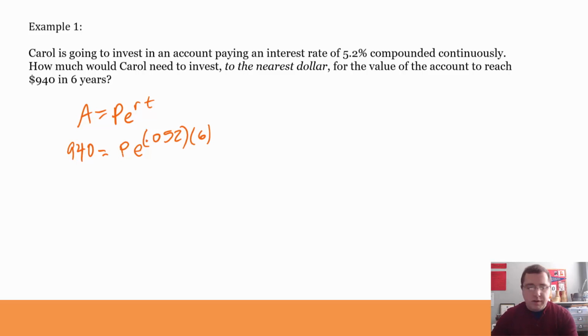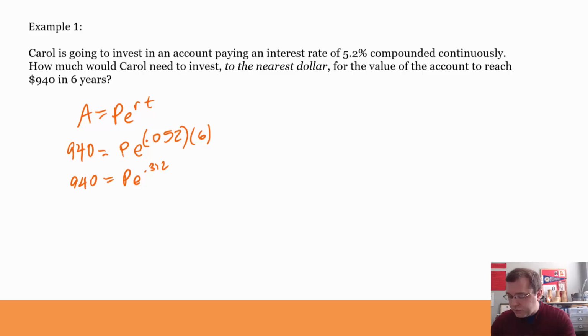We get 0.312. So 940 equals P times e to the 0.312 power. I can do e to the power of 0.312. e is a button on my calculator. It's above the ln button when I want to do e to a power.